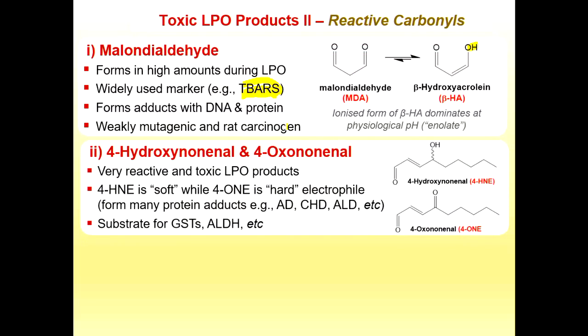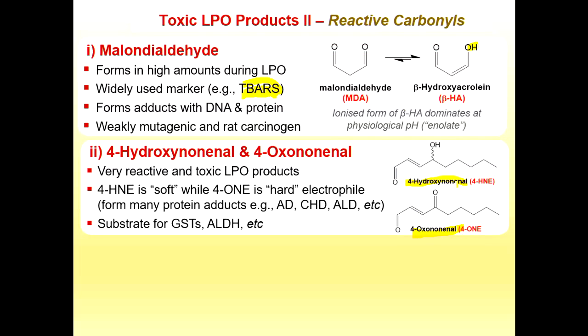Probably more significant in terms of their inherent toxicology would be some of these longer fragments. Malondialdehyde is just a 3 carbon, small fragment of an oxidized lipid undergoing breakdown. If you have a larger fragment, in the form of 4-hydroxynonenal and 4-oxononenal, these are very nasty species indeed.